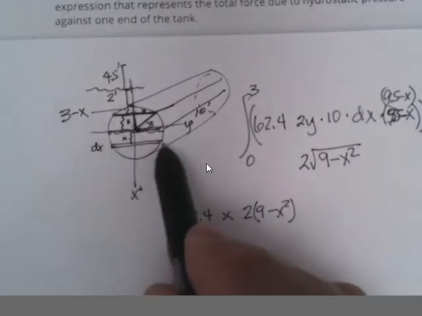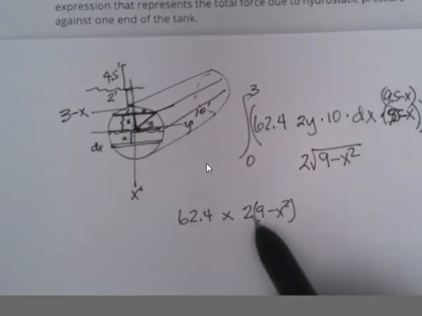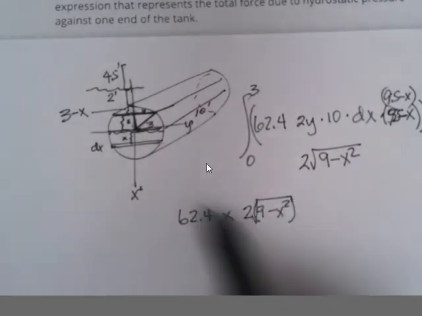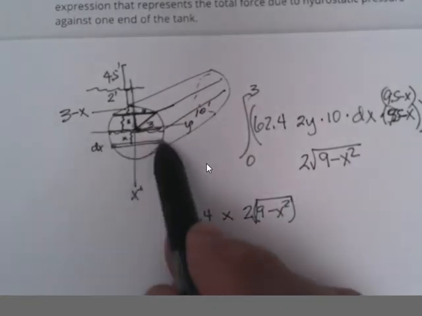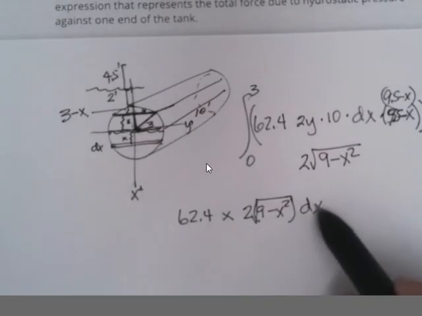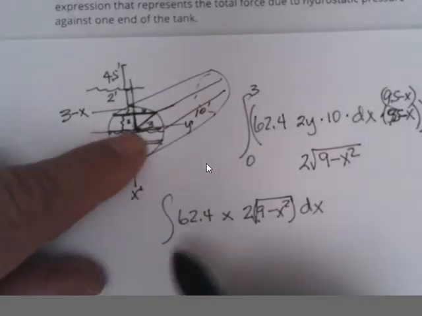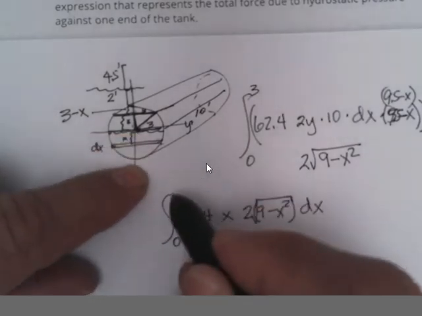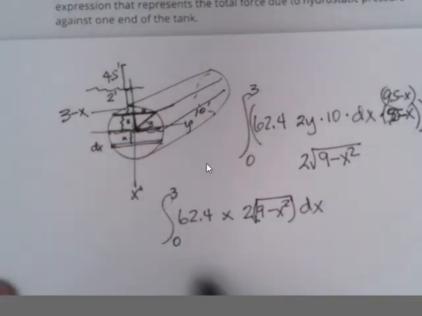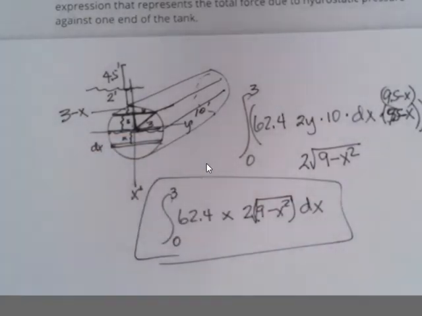That's from here to here. Oh, the square root of that. That's from here to here, times dx, evaluated. So now we're going to have x go from 0 to 3. And that will get the pressure on the end. Okay.